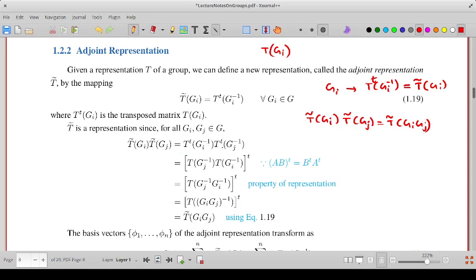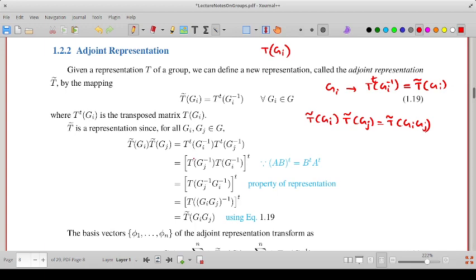So it is a product of the transposes of two matrices. But we know that the transpose of a product is given by this rule: AB transpose is equal to B transpose A transpose. So if I consider T Gj inverse times T Gi inverse, both matrices, and take the transpose of that, I will get T Gi inverse transpose times T Gj inverse transpose, and that is exactly what this is. Therefore, this is equal to the transpose of the product of these two matrices.